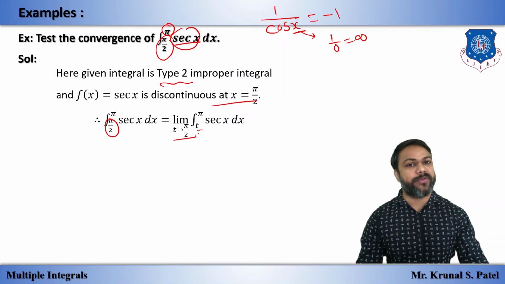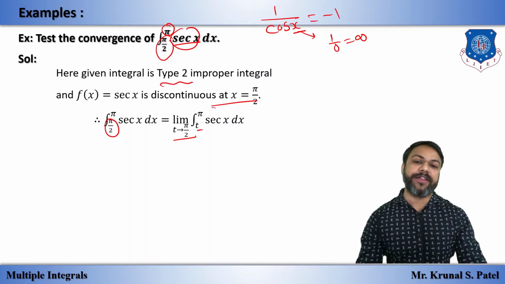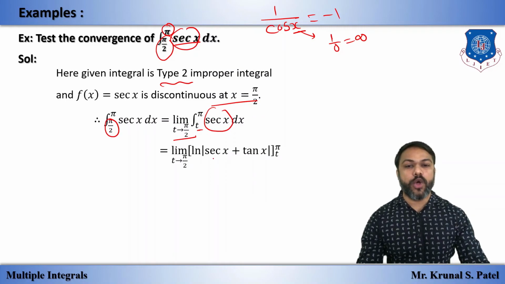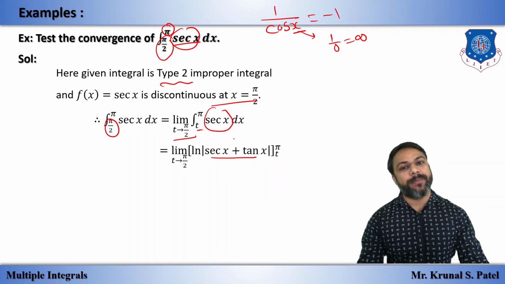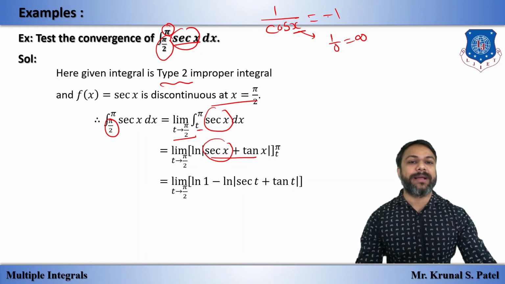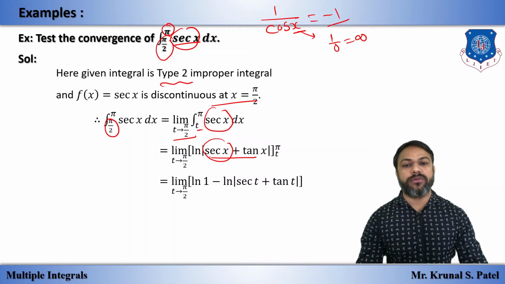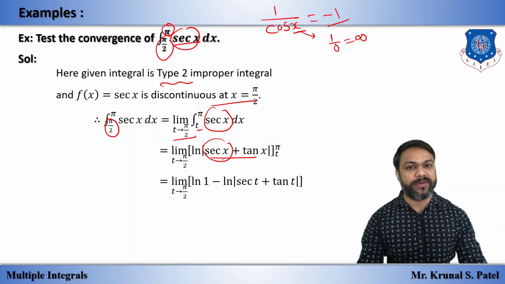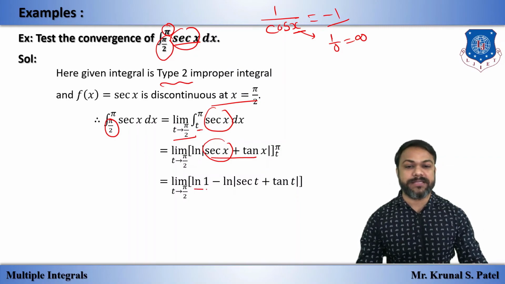So we have taken the limit for pi by 2, and integration of sec x is log of sec x plus tan x, upper limit minus lower limit. So sec pi, as I told, will be minus 1, and tan pi is 0. So the modulus of minus 1 plus 0 is 1, and ln 1 is 0.